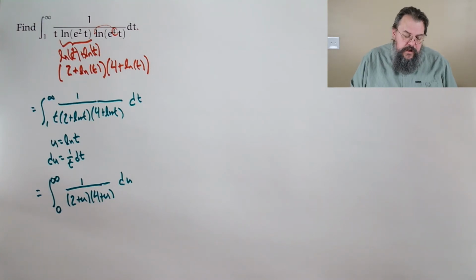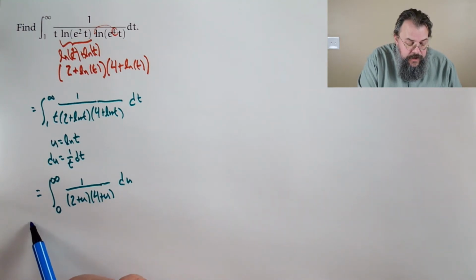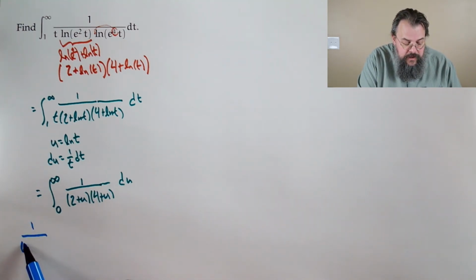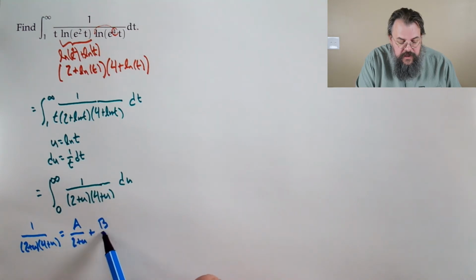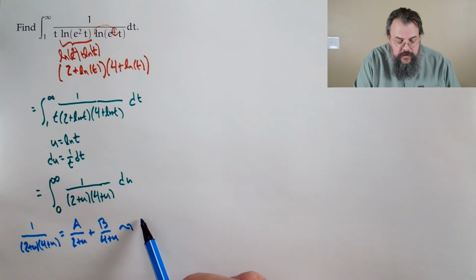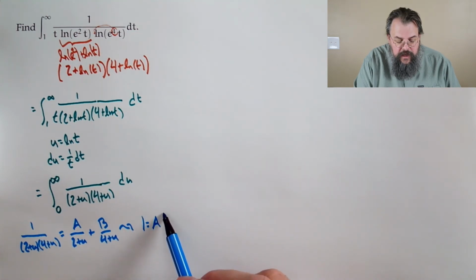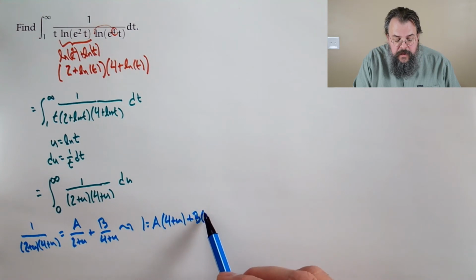All right, well, from here, we see this is partial fractions. So we're going to do our partial fraction setup. 1 over 2 plus u, 4 plus u is something over 2 plus u plus something over 4 plus u. Clear your denominators. 1 is A times 4 plus u plus B times 2 plus u.